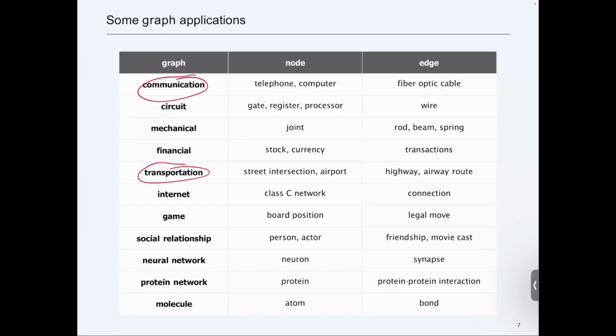In a transportation system, the vertices could be cities, and the edges could be roads or maybe flights that connect two cities. In the financial world, maybe vertices represent companies, and edges represent ownership relationships or transactions between those companies. In games, maybe vertices represent a game state, and the edges represent a legal move from one state to another.